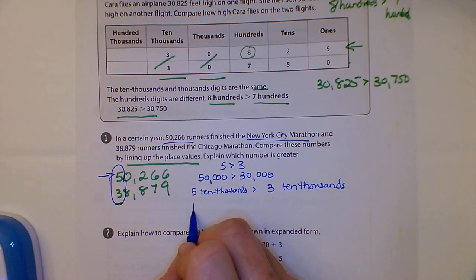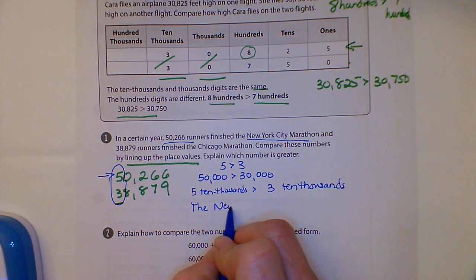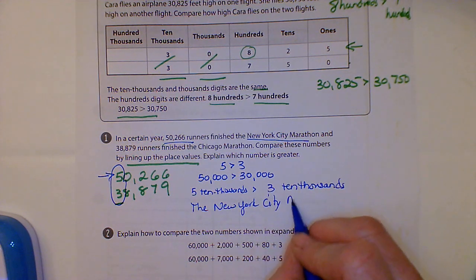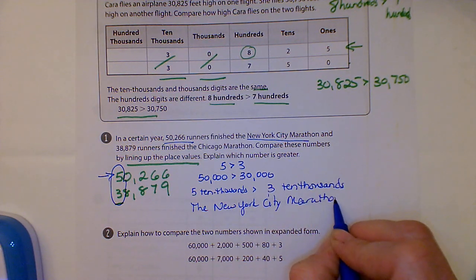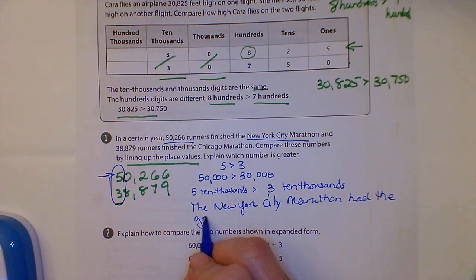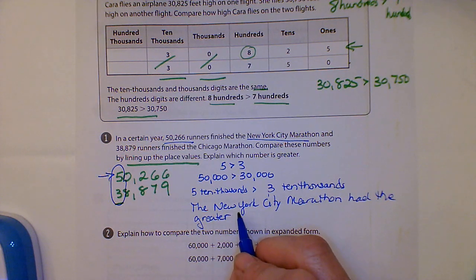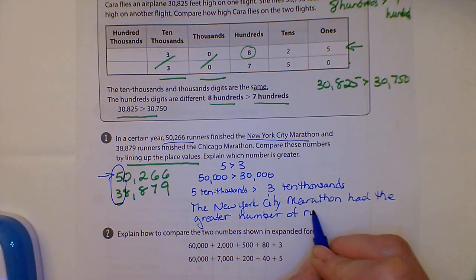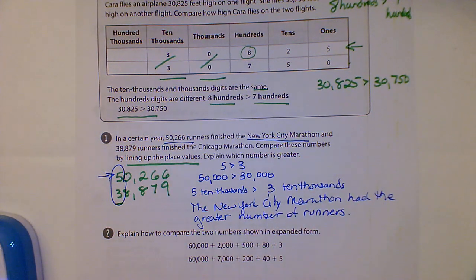So the New York City Marathon had the, I'm sorry, I'm writing not so neatly, greater number of runners, by quite a bit too, if I think about it. All right, so that's nice and simple. Now, I'm just checking, yep, we're good.